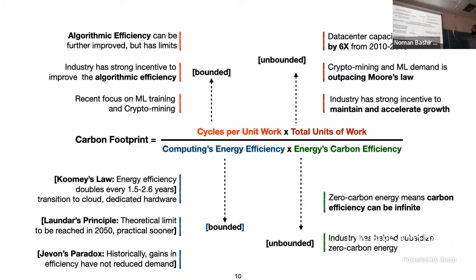So basically the point here is that the factor, total units of work, you cannot control. It is always going to increase. Cycles per unit work and computing's energy efficiency are bounded, and they will hit their limits very soon if they are not already hitting them. So how can you reduce the carbon footprint then?